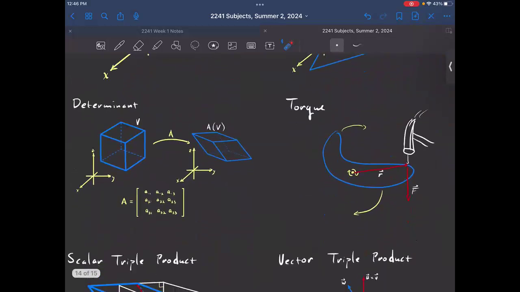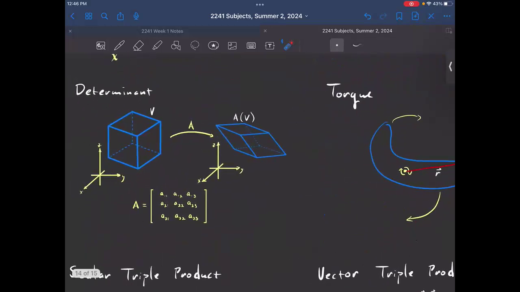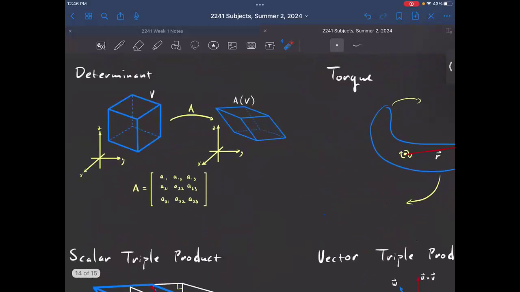All right, here's the determinant. What is a determinant? Well, it's that horrible formula that we saw a second ago. What does it mean? The determinant works like this. So when you have a matrix, call it A, it's got these coordinates in 3 dimensions. And what is it doing? Well, you multiply matrices by other matrices, right?